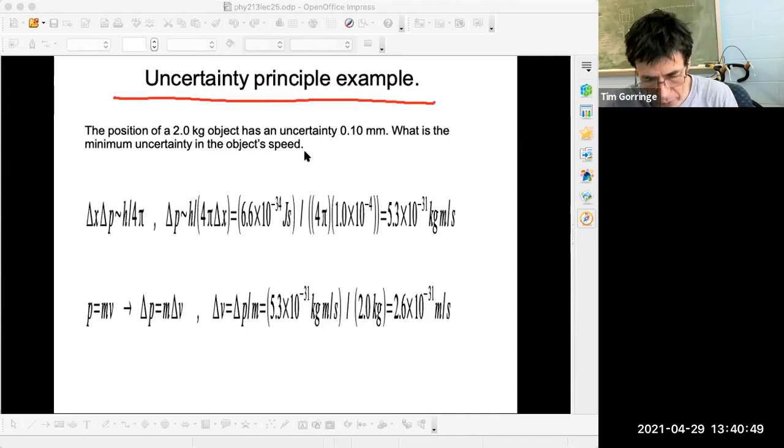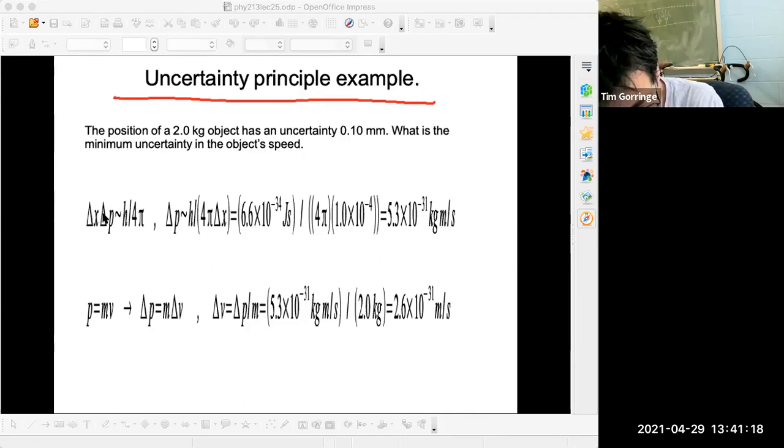We know how well we know the position of something, and so that sets a limit on how well we can know the momentum of the something, in accordance with Heisenberg's uncertainty principle, that the product of the two uncertainties of the position and the momentum must be bigger or equal to the scale of Planck's constant over 4 pi.